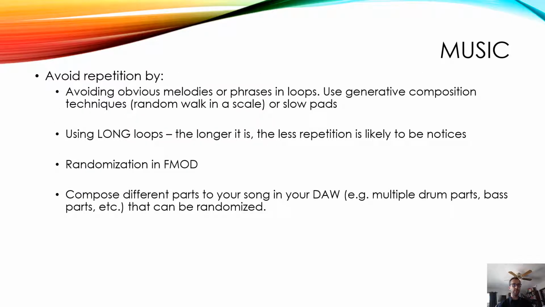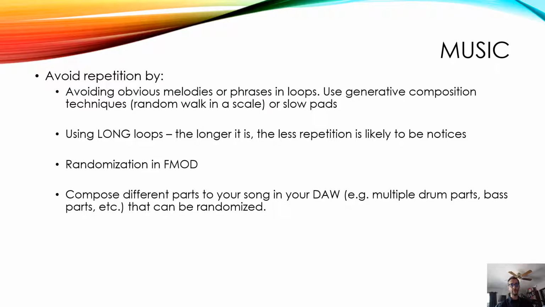What we're going to do with music is we're going to look at how to avoid repetition by using obvious melodies or phrases as loops. Instead, we're going to use generative composition techniques, things like random walks in a scale, slow pads, using really long loops, where the longer the loop is, the less the repetition is likely to be noticed.